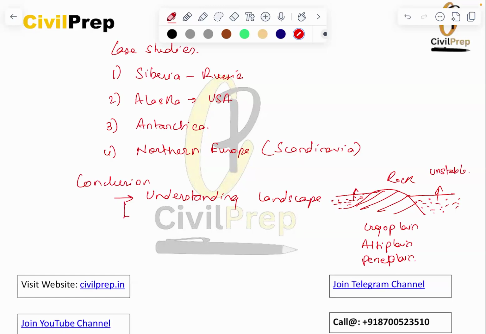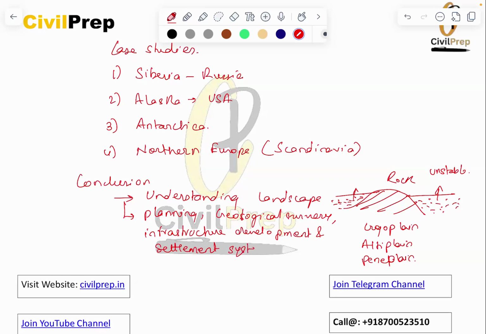In this region, we need to have planning and a geological survey for infrastructure development and settlement systems, to make this region a hazard-free zone. So this can be taken up in the answer part here.